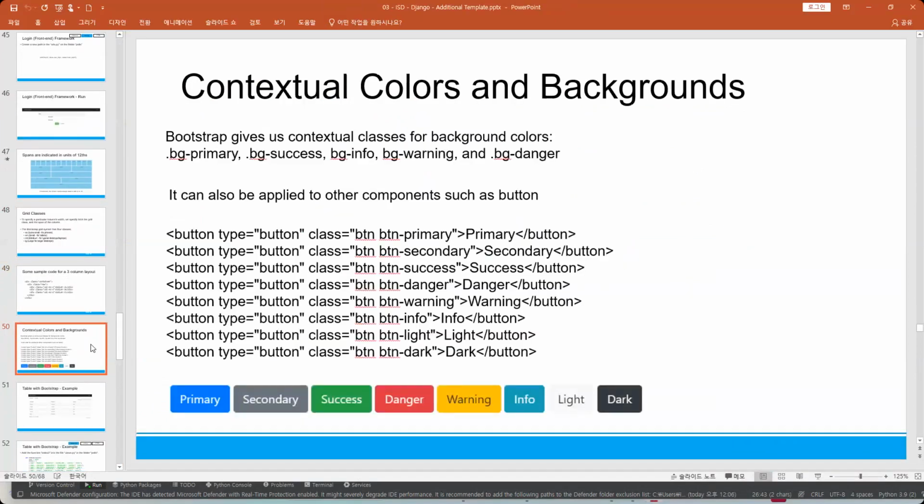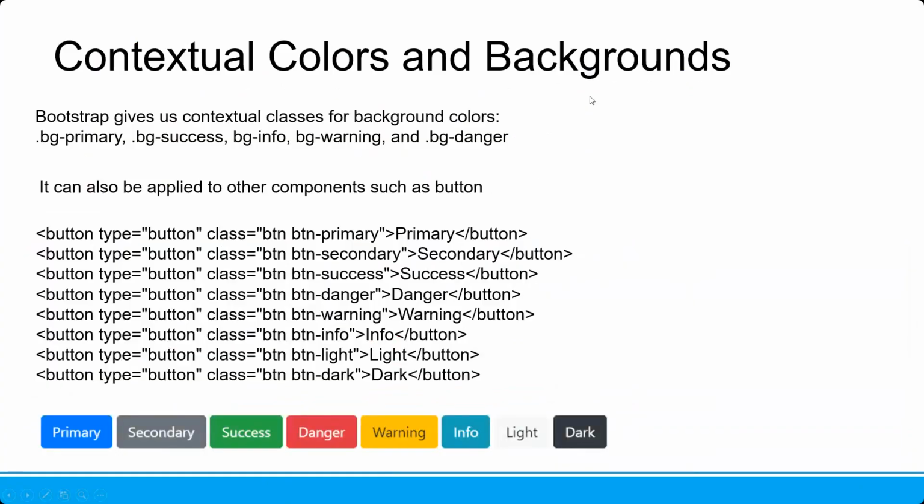And in Bootstrap, you can specify the color and background. You don't need to mention the color. Let's say I want to have the color blue, or I want to have the color yellow. But instead of using the colors, we call the class. So the classes in Bootstrap are primary, secondary, success, info, warning, and danger.